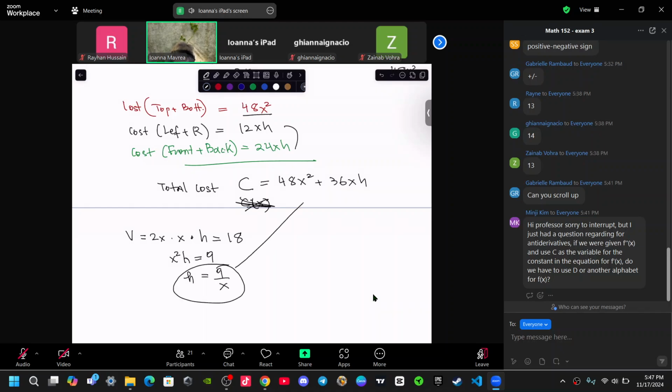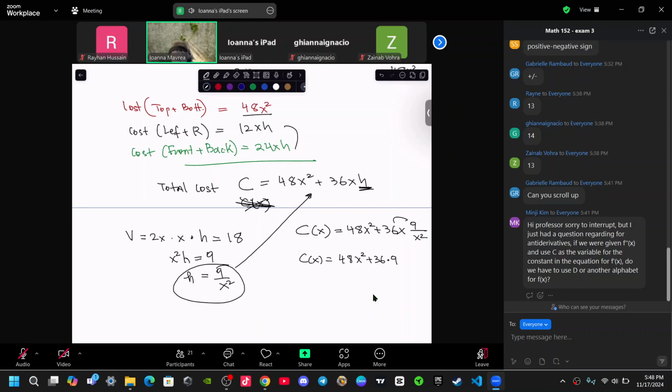So I'm going to use this here to write C as a function now of just x. So the h is 9 over x squared. Okay, so I'm going to rewrite it, simplify. You don't have to multiply those, avoid it. Times 9.